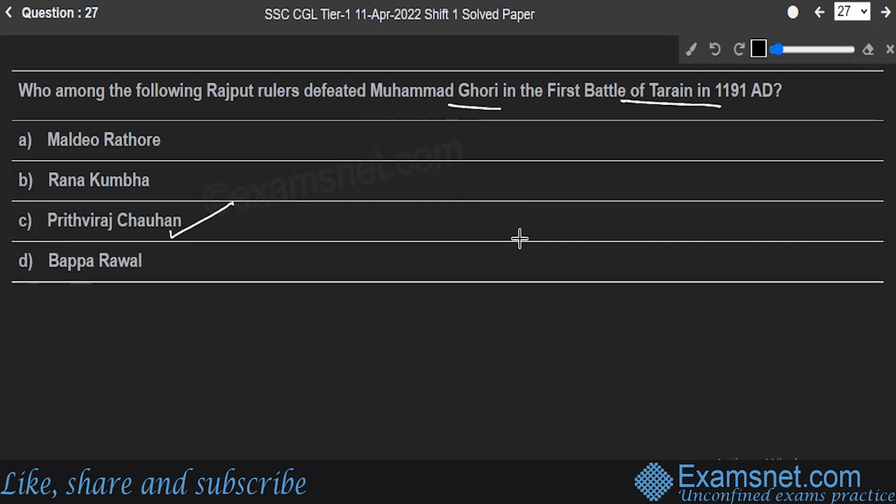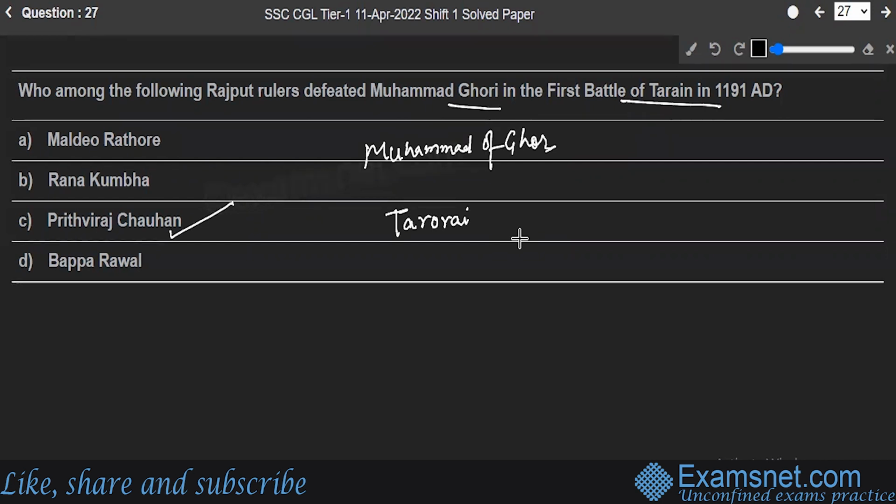Near Tarain in 1191, the invading Ghurid army led by Muhammad of Gur, and the Rajputs led by Prithviraj Chauhan fought the first battle of Tarain, which is also known as the first battle of Taraori. The Rajputs won the battle, but somehow Shihabuddin managed to flee and return to Ghor.